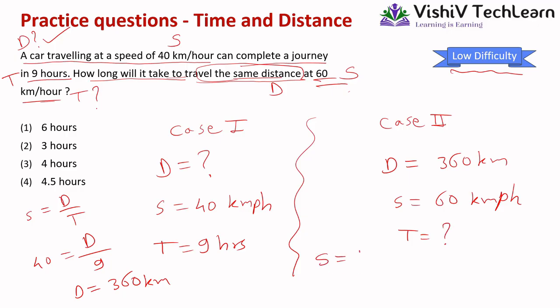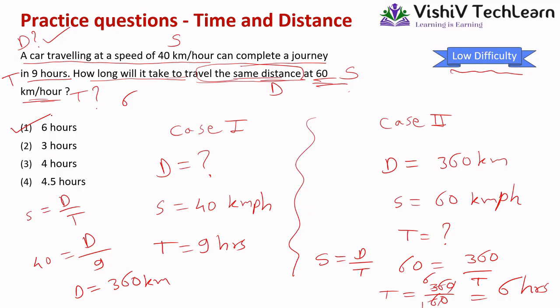Speed is equal to distance upon time, which is 60 is equal to distance 360 upon time t. Hence t will be 360 upon 60, and this 0 we can cut, 6 1s are 6, 6 6s are 36, time is 6 hours. So the time required to travel the same distance with the speed of 60 km per hour will be 6 hours, which is option 1. Option 1 is correct.